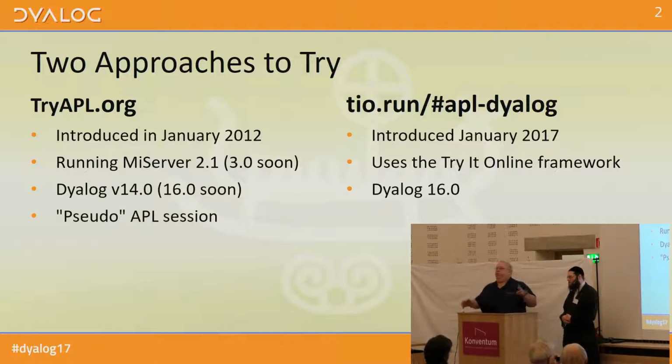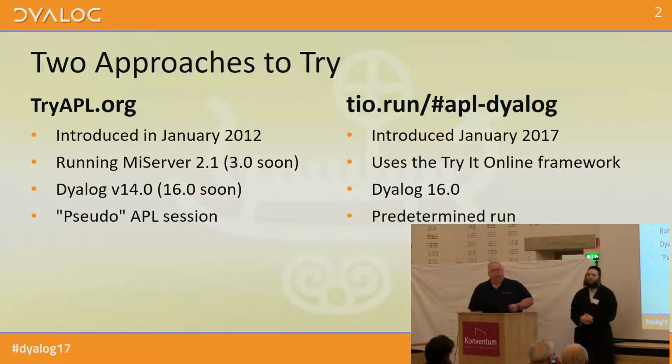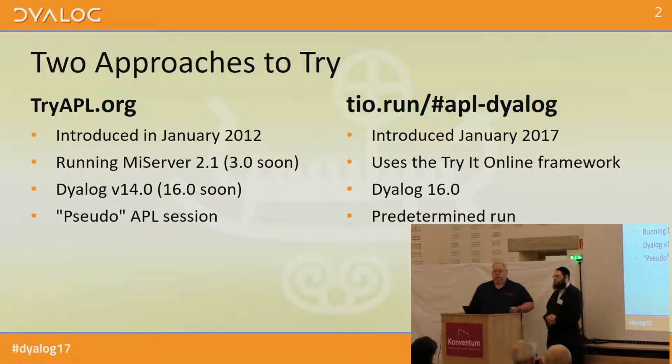With Try APL, you have a pseudo APL session. In other words, it looks a lot like the APL session that you're used to. You type in an input, some output appears below it, it scrolls up, you can recall things in the session, and so on. Whereas on TIO, you have to specify everything, code, input, output, all at the beginning before you start.